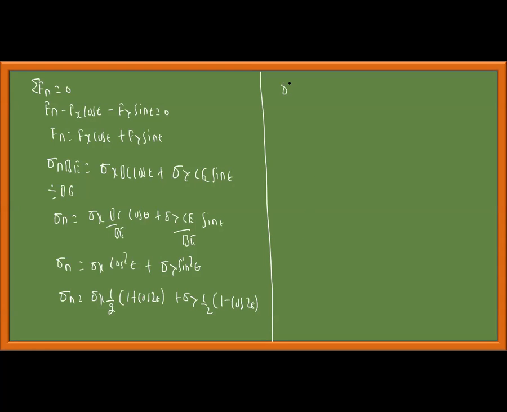So sigma n is equal to sigma x plus sigma y by 2, plus sigma x by 2 cos 2 theta minus sigma y by 2 cos 2 theta, or sigma n is equal to sigma x plus sigma y by 2 plus sigma x minus sigma y by 2 cos 2 theta.